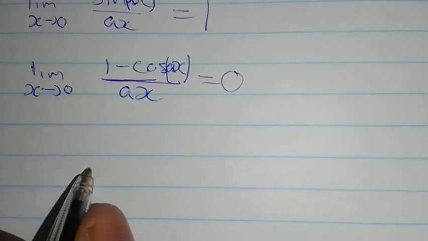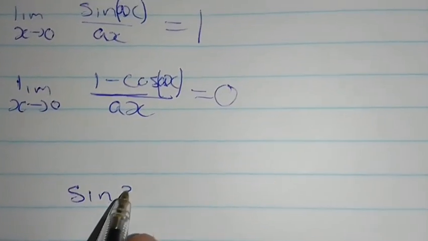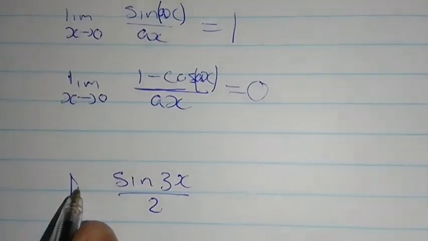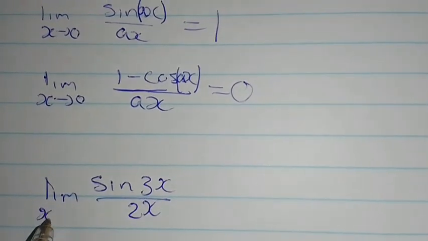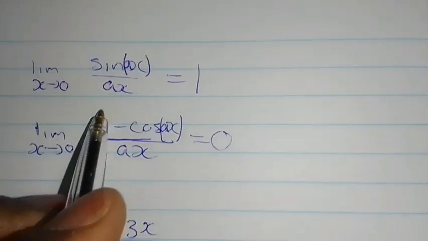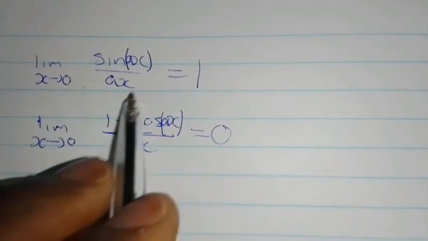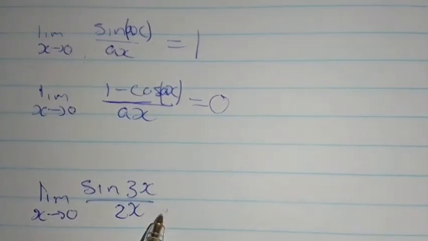So this means that if we're trying to evaluate the limit when x goes to 0 of sine 3x divided by 2x, you need to manipulate this in order to give you this format. So what do we need?